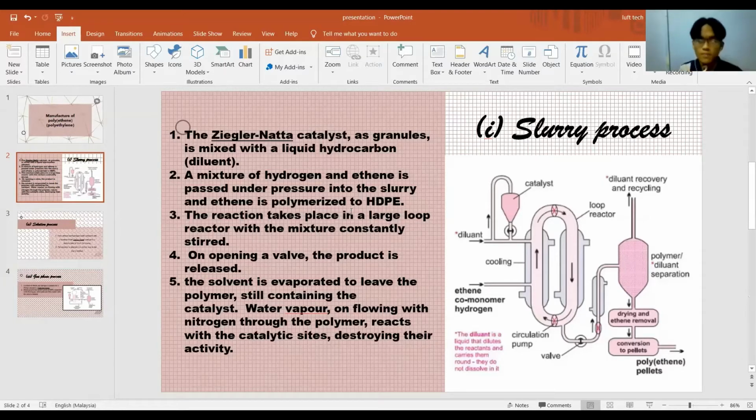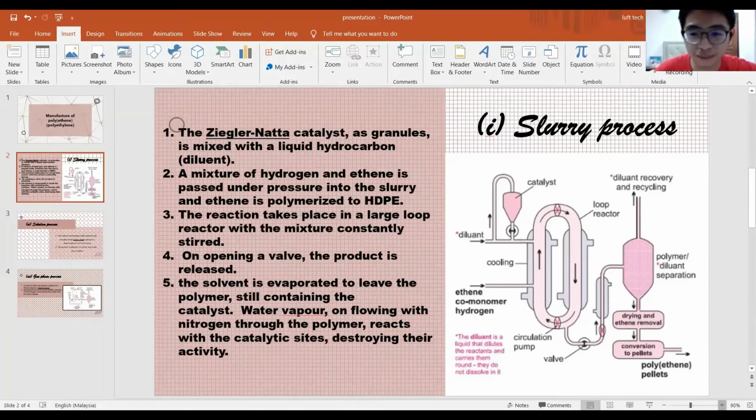Hello. I would like to ask two questions. What is diluent? And the next question is, what is HDPE? Okay, thanks for the question, Naufal. About the diluent, it is stated here. It's quite small. I'm going to make it bigger.